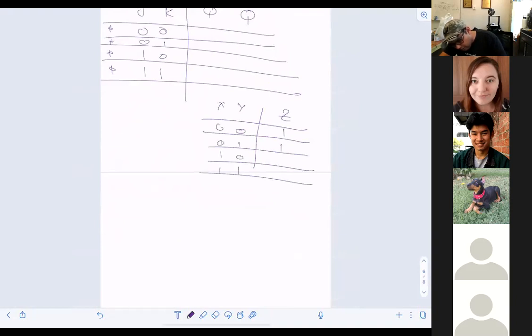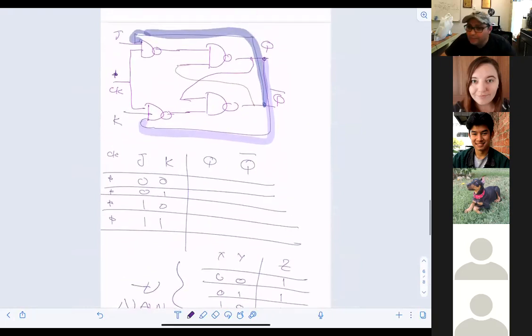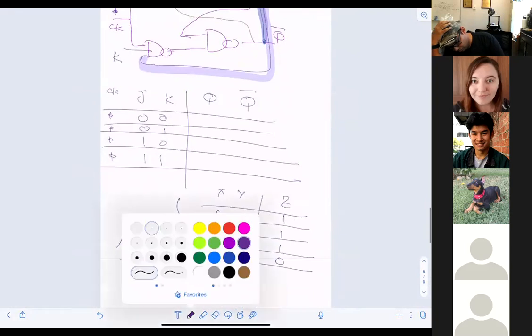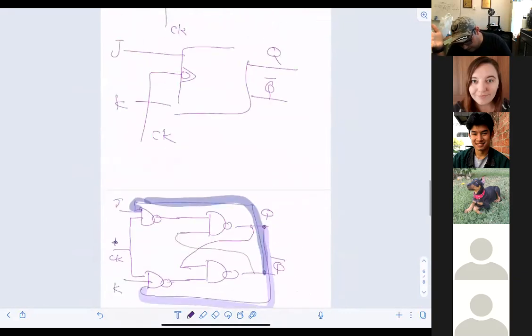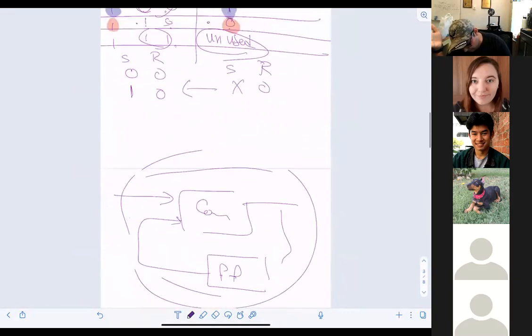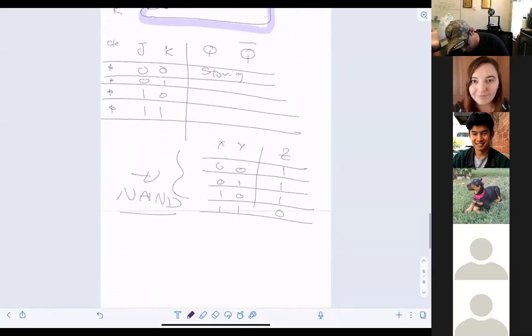So here we're gonna be 1, 1, 1, 0, and this is our NAND. So far, so good. Now, if I'm in 0, 0, what will happen? I'm storing. Do you guys agree? I'm storing. If I'm in 0, 1, I'm gonna be still the same as before. I'm gonna be 1, 0, 0, 1.